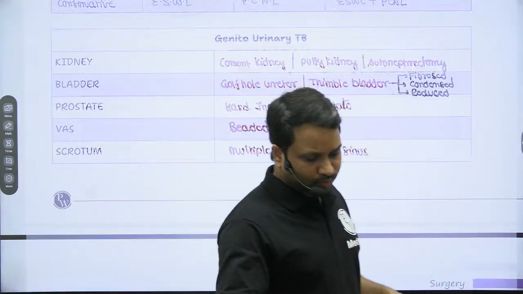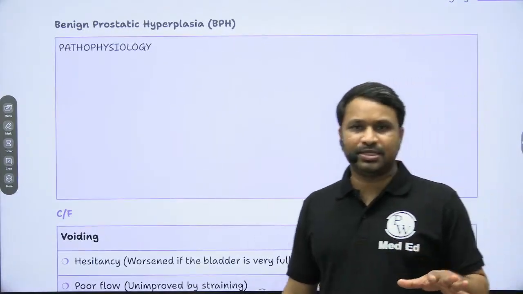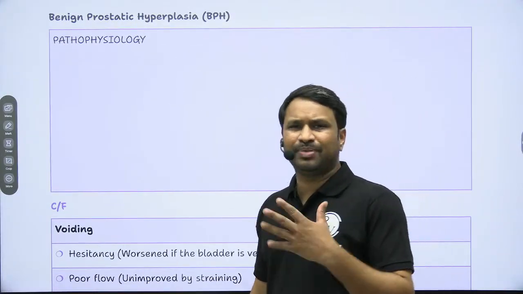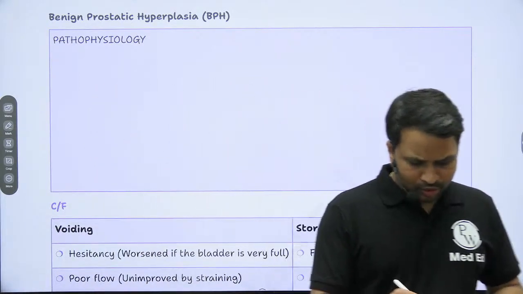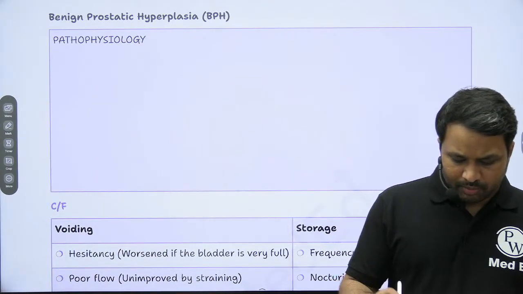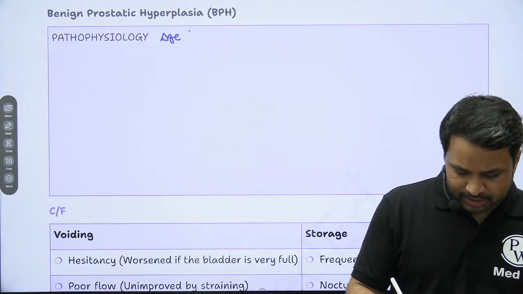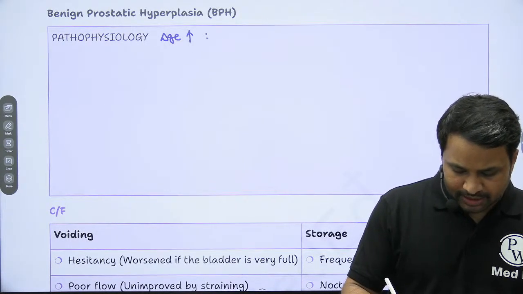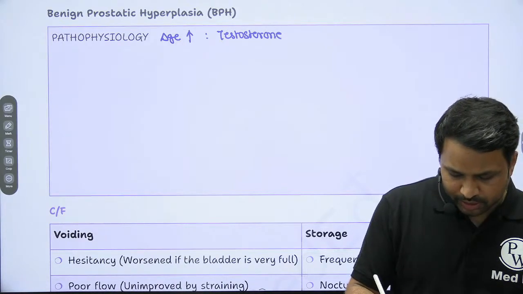Okay? So now, when you talk about benign prostatic hyperplasia, what is the basic pathophysiology behind it, BPH? I know you guys know most of it. I'll have a quick recap. BPH is an age-related phenomenon. As the age increases, the concentration of testosterone in the body is going to reduce, right?